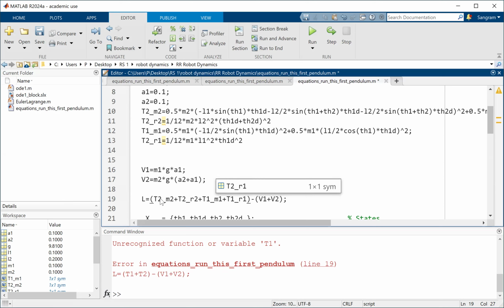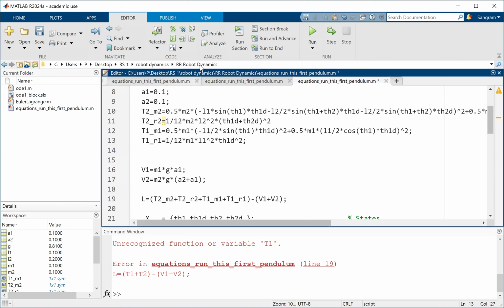Change line 13: T2 M2, T2 R2, T1 M1, T1 R1. So at the end of the 13th line, you need to put a semicolon.